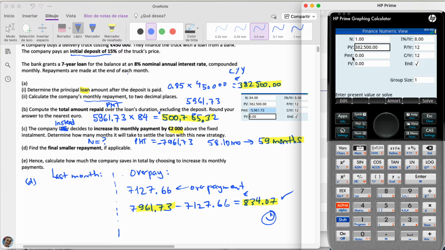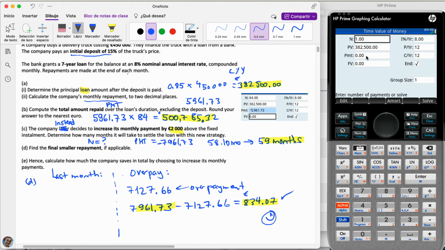And then our PMT, where is it? Oh, yes, Miss Walsh is stupid.